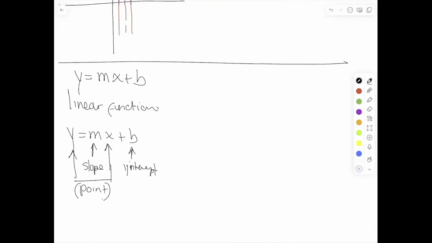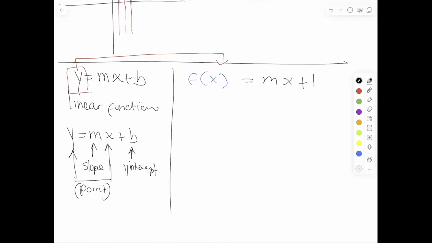The x and the y, right? Yeah. Now, the moment I change this y and it becomes f of x is equal to mx plus b, the f of x is the same thing as y. But now it's telling the world I am a function.